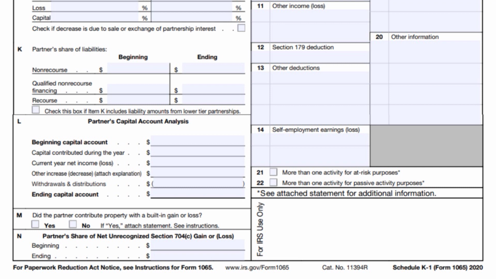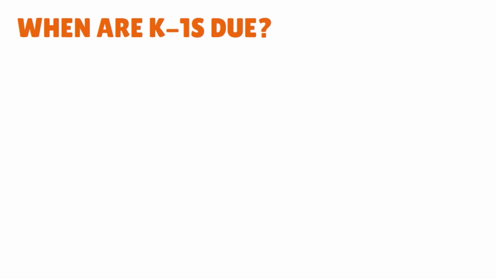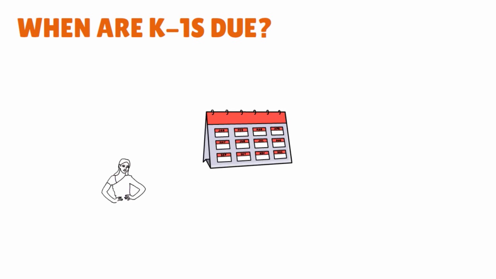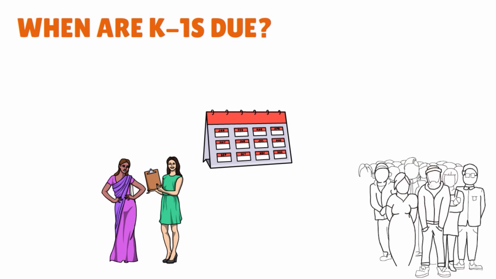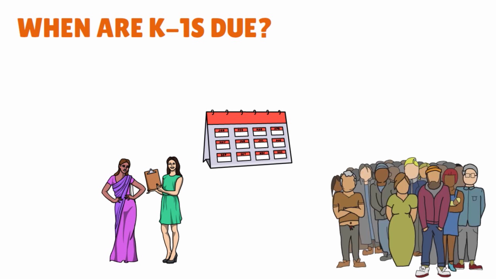So it is very important to understand all the different items that I just spoke about. Let's talk about when Schedules K-1 are due. You must issue your shareholders or partners their Schedule K-1 by the date your primary tax form, either Form 1065 or Form 1120S, is due.